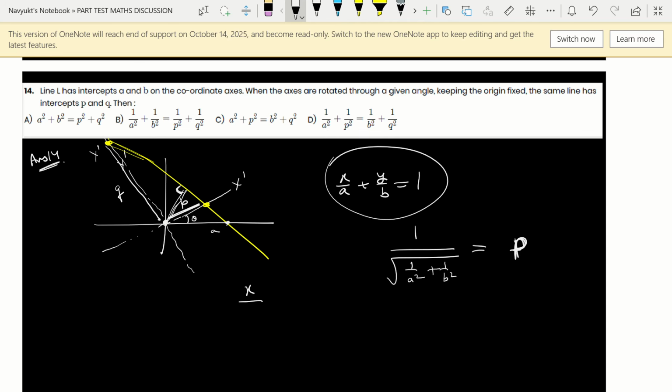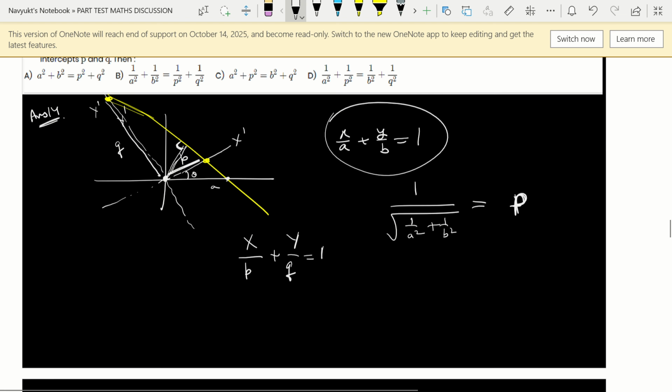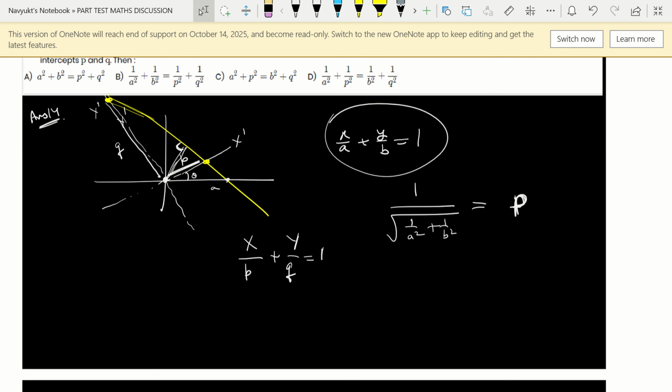Let's write the new equation as this. As x and y are different, it would be capital X, capital Y. Now this perpendicular distance should still be the same. So let's see what the distance would be. It would be 1 upon root of 1 upon p square plus 1 upon q square. Now these two should be equal.